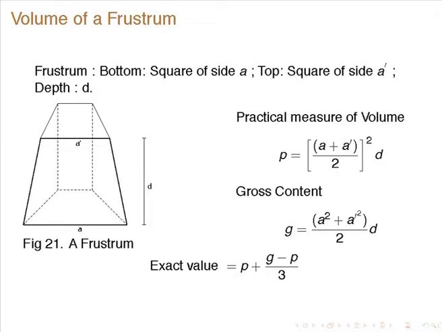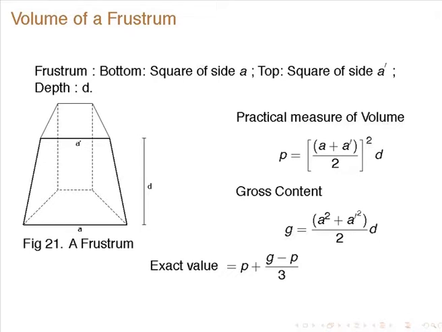For this kind of thing, he says the practical measure of volume is ((A plus A prime) by 2) whole squared into depth. The gross content, somewhat better, is (A squared plus A prime squared) by 2 into d.